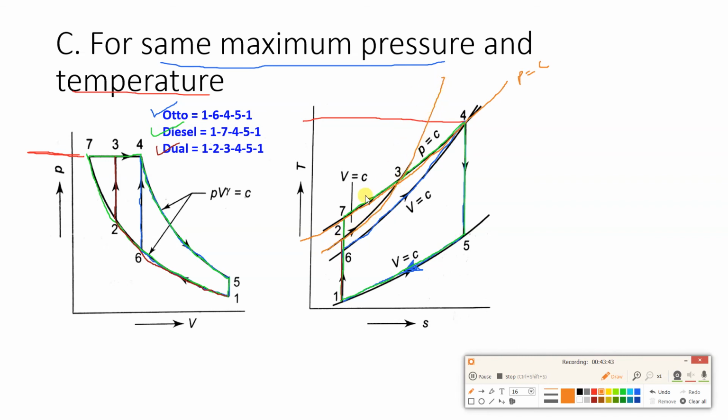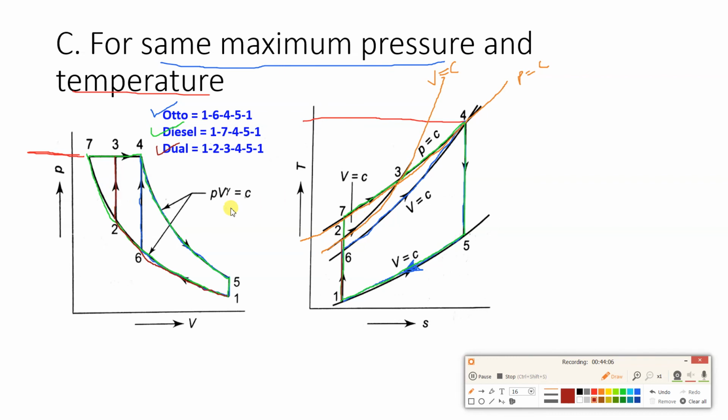And if you recall, we had drawn from point number 7 the pressure equal to constant curve, and these two curves intersect at this point. From this point, if you consider volume equal to constant, you can easily see it is steeper as compared to the pressure equal to constant curve. Okay, now we'll continue with this one.